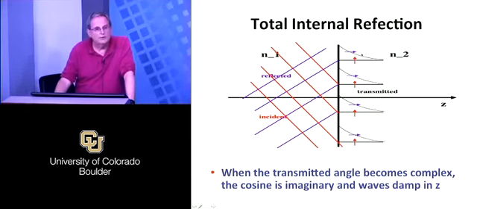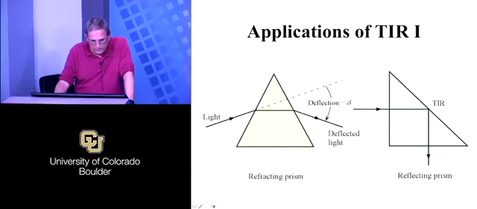There are a large number of things that we actually can use this for because of this fact that there is energy on this side. So let's take a look at a few of them while we go through here. So applications of TIR. This would be just a general prism over here.